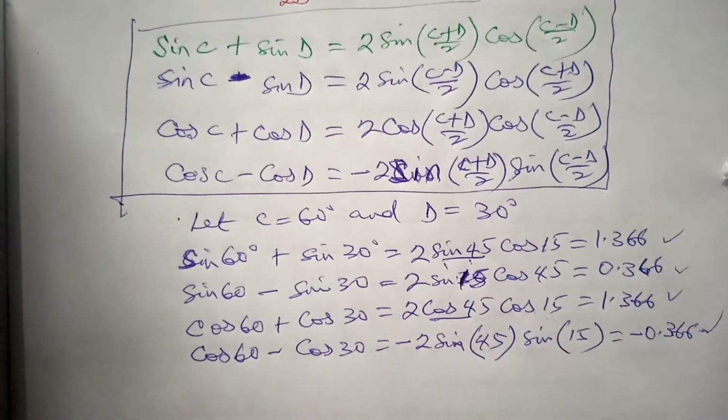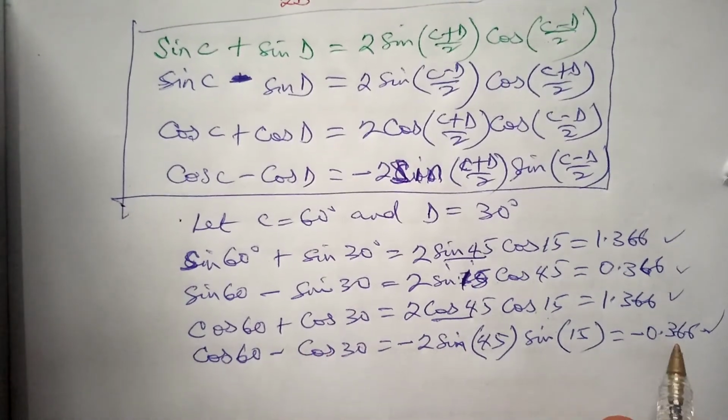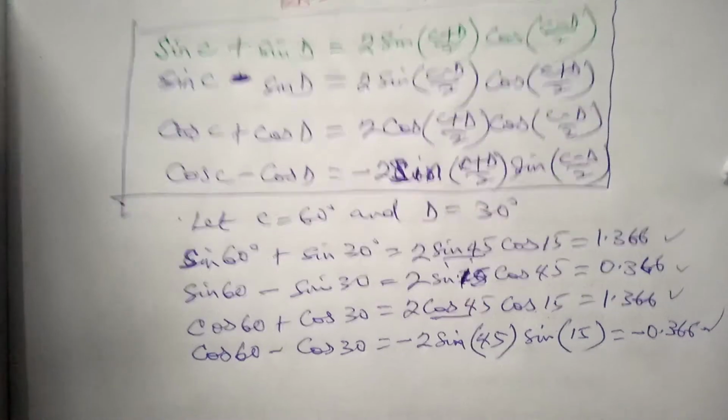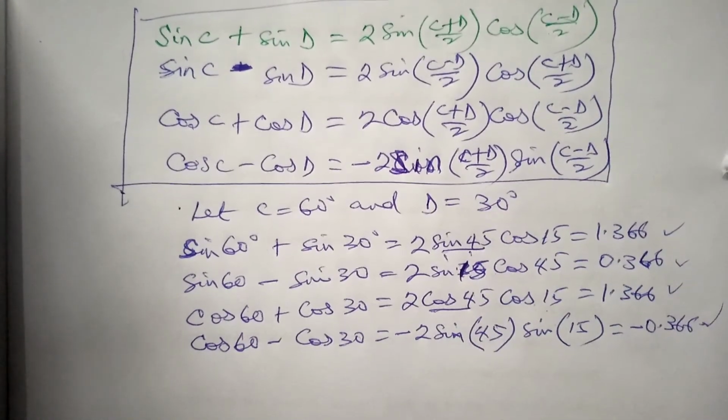So that's correct. If you do this separately with your calculator, you find that you get these answers. So that is how to do the factor formula in trigonometric functions.